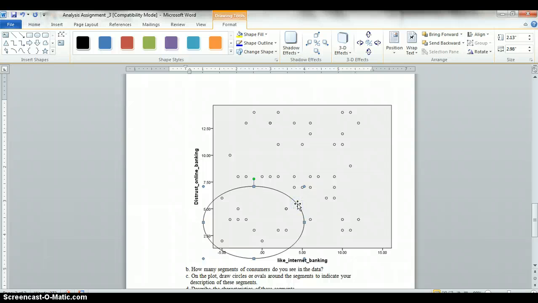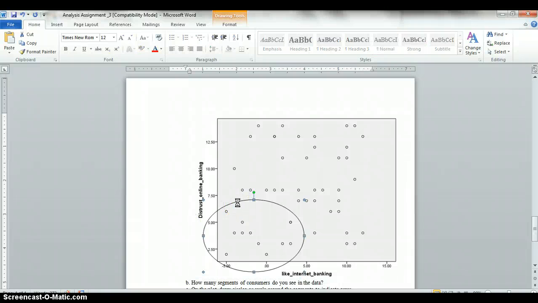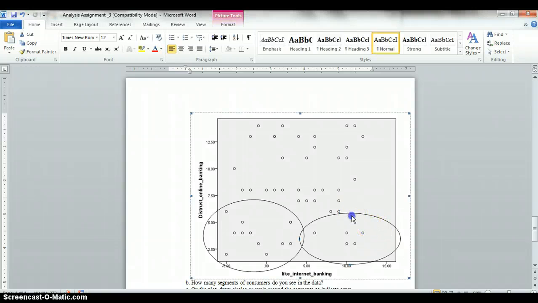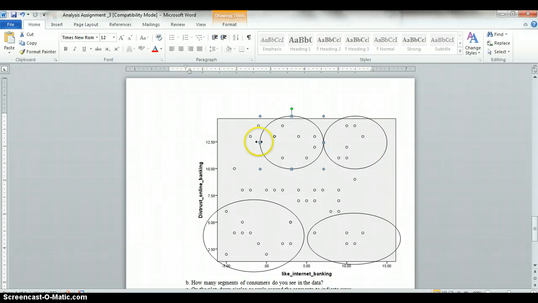So I'm going to say that's a segment. I'm going to say this group is a segment down here in the corner. I'm going to say these guys up here. Actually, I'm going to exclude that guy. So just this group up here. Let's see, this could be a segment as well.